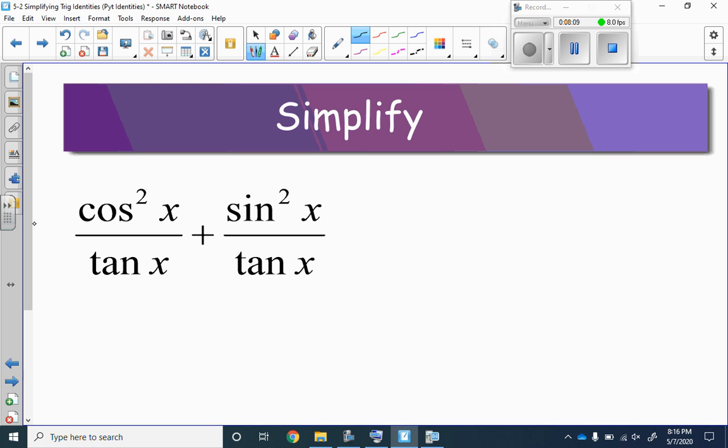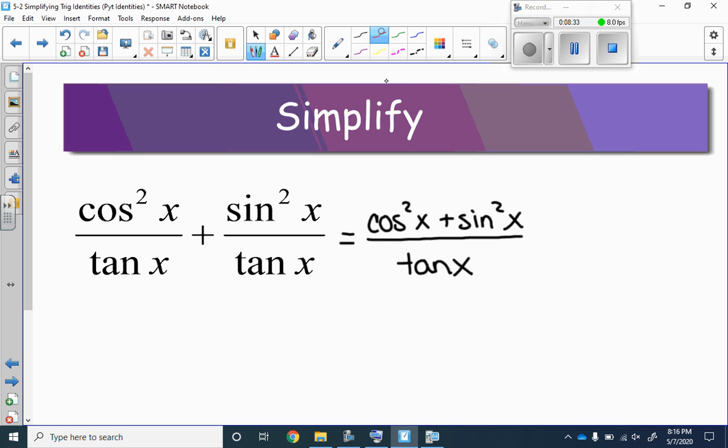So when you're working with functions like this, you've got to keep those things in mind. Now here you have two fractions, common denominator, you're adding them together. So we've got tangent x in our denominator. Then I look on the top, I'm taking cosine squared x plus sine squared x, and this is going to be one of those identities that you want to have memorized.